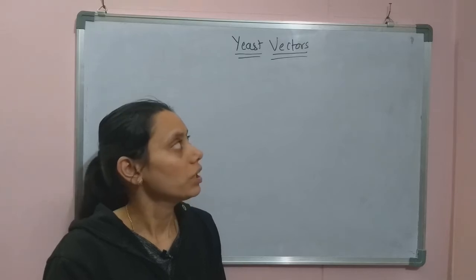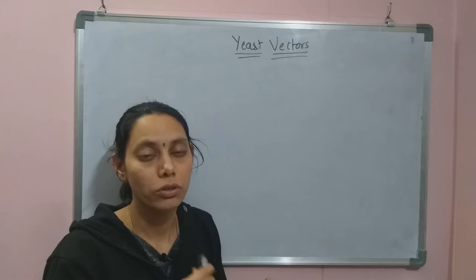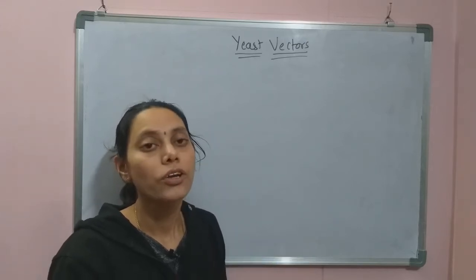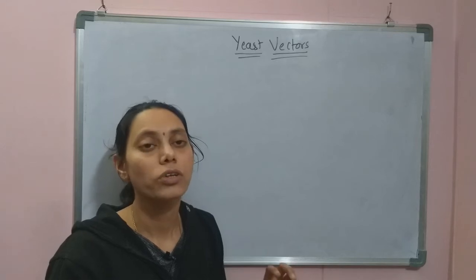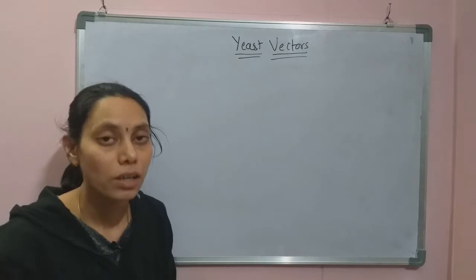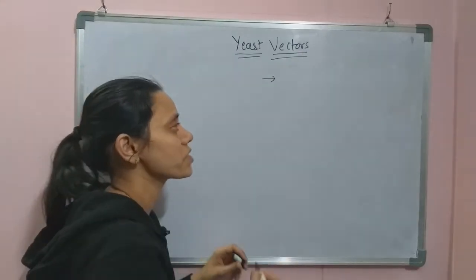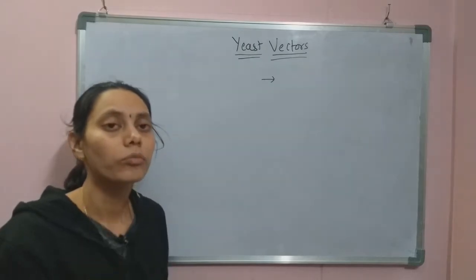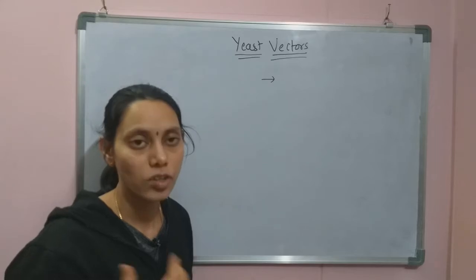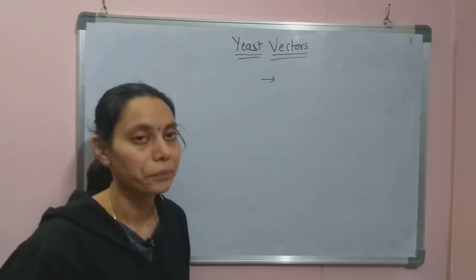So what if we modify yeast plasmids in order to clone our target gene? That is going to be the best choice for eukaryotic gene expression or eukaryotic gene cloning. For that, these yeast vectors are quite helpful. These yeast plasmids are basically covalently closed circular DNA, extra-chromosomal DNA. They have self-replicating ability and so on.